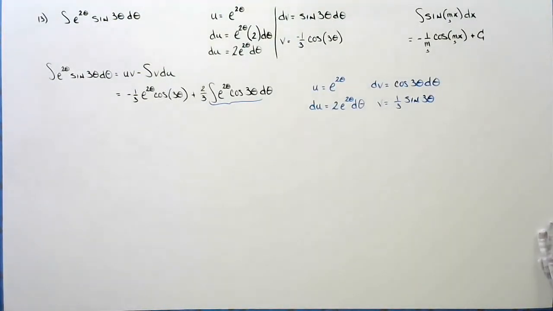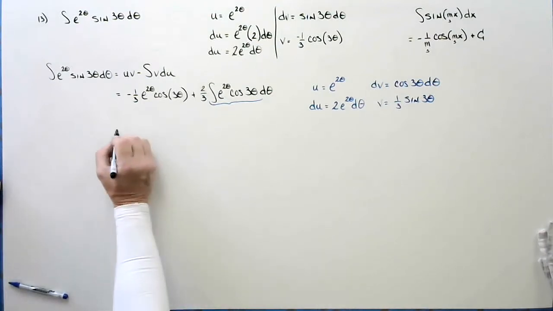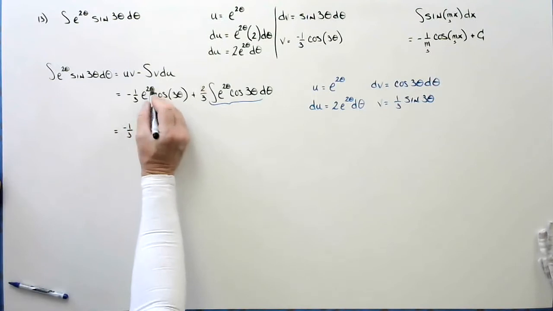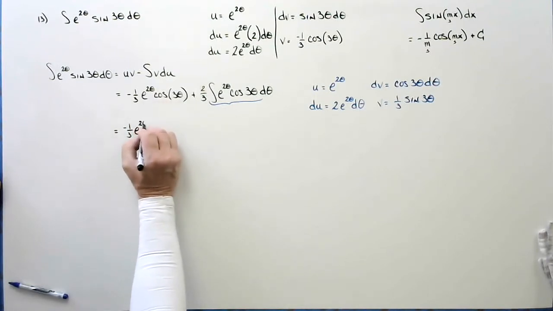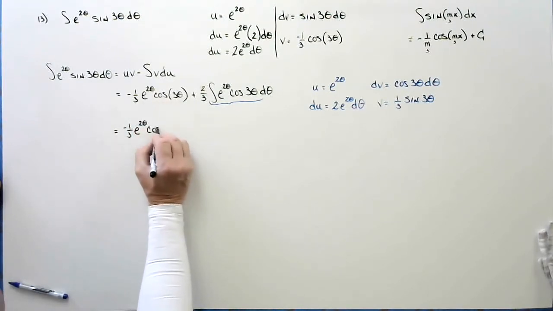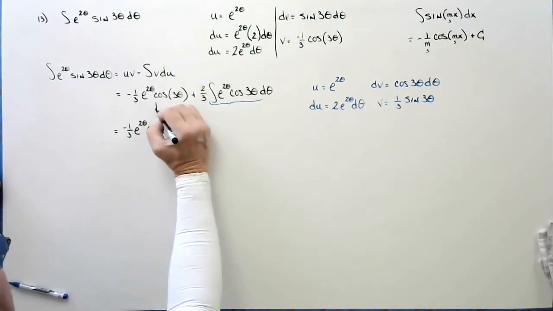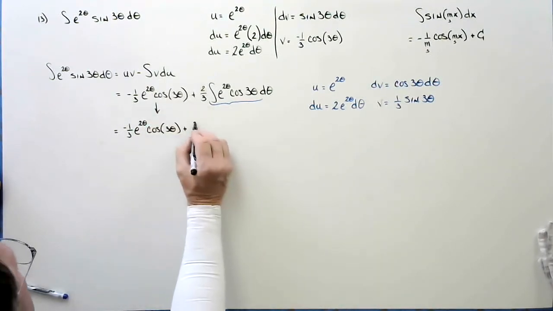And now when we go to write down our answer, we have equals a negative 1/3 e to the 2 theta cosine 3 theta. That comes from here, straight down, plus 2/3.